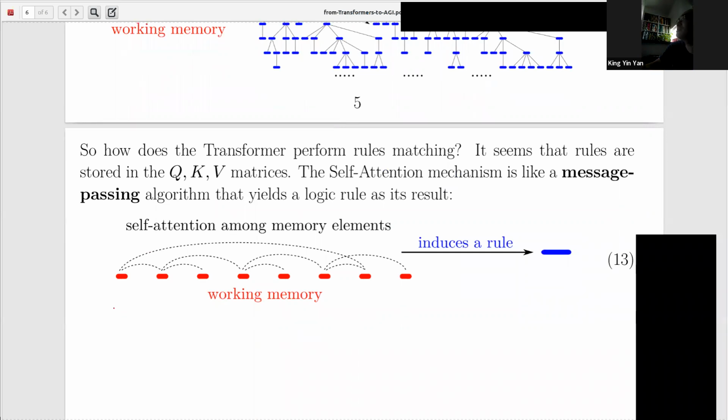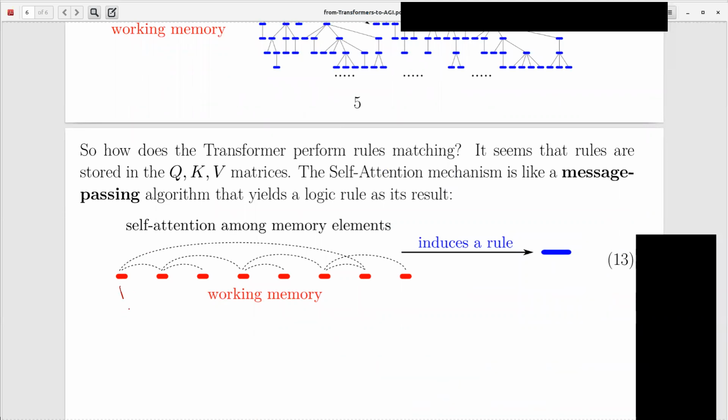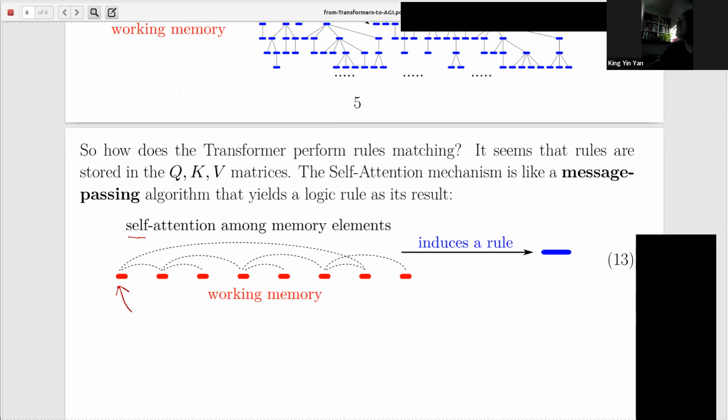You have some words or inputs, and this is the self-attention between all these elements. Every time you do this, you actually look up something, and it generates some output. This is similar to having a logic rule.